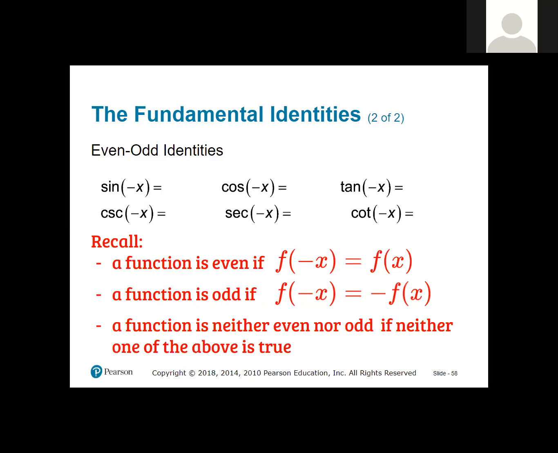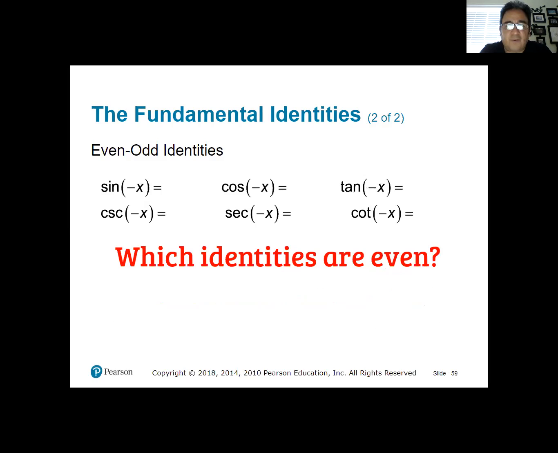Tell me one function that is even. Cosine. Cosine would be one that is even. Tell me another one that is even. Secant. Secant is the other one.